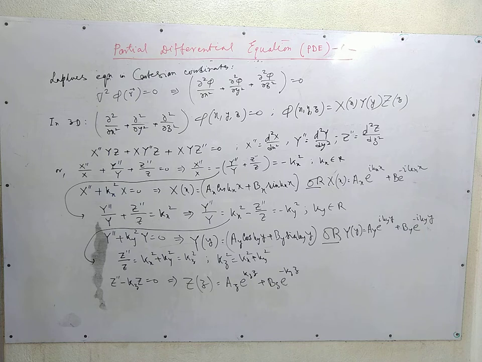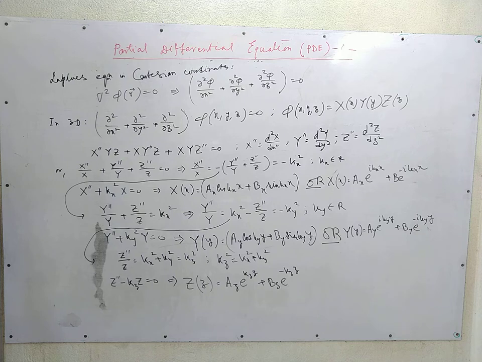So we can have sinusoidal solution in two directions and exponential solution in one direction, or we may have exponential solution in two directions and sinusoidal solution in the other. So this is regarding the theory of solution of Laplace's equation in 3D Cartesian coordinates using the separation of variable technique.